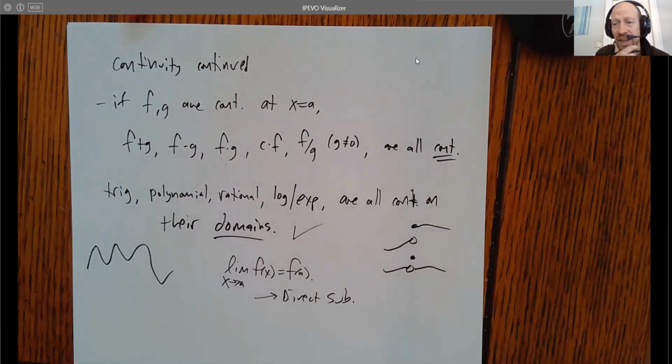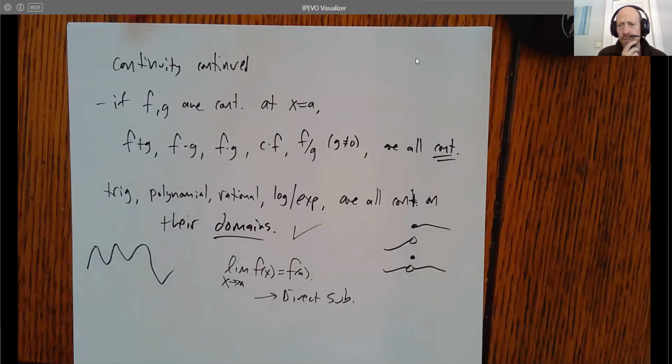So this is really telling us that we can use direct substitution to calculate a limit as long as we are working with a continuous function. It's saying the function value and the limit are going to match up. And that's actually what a continuous function is, where the function and the limit match up.